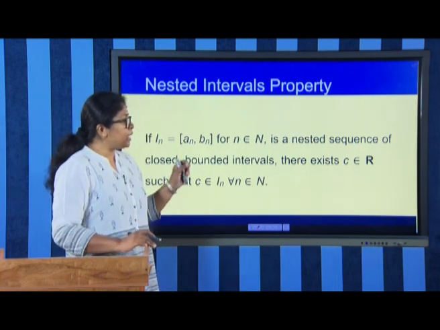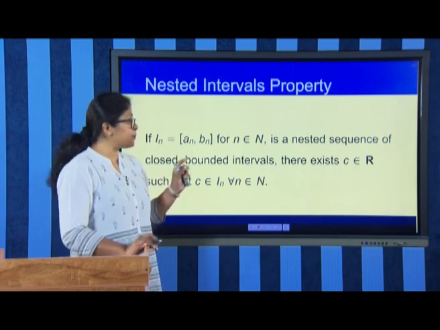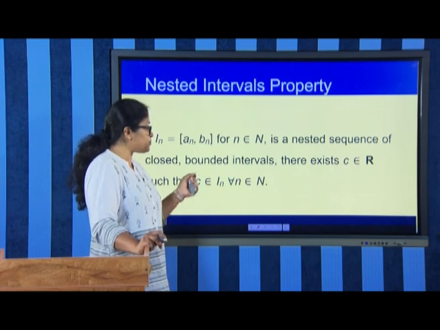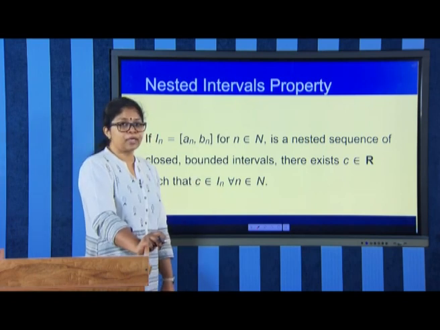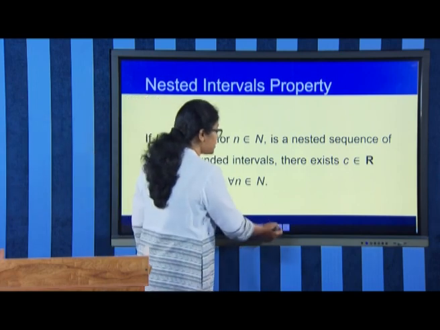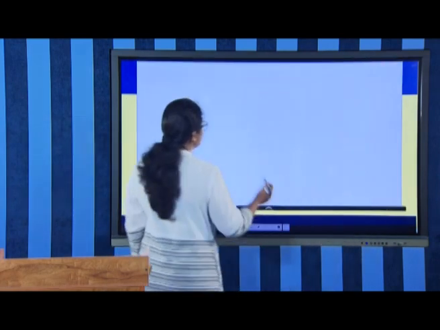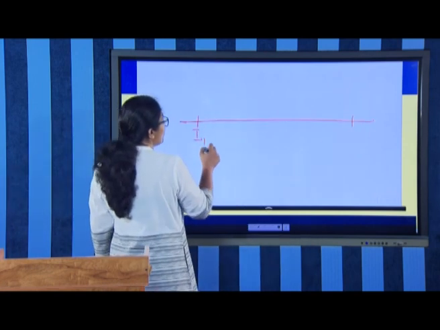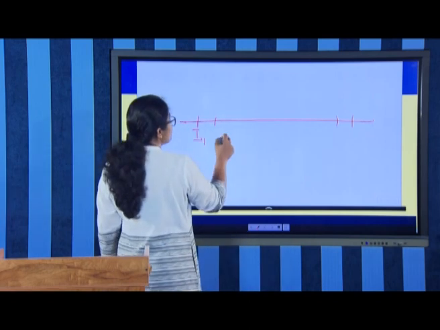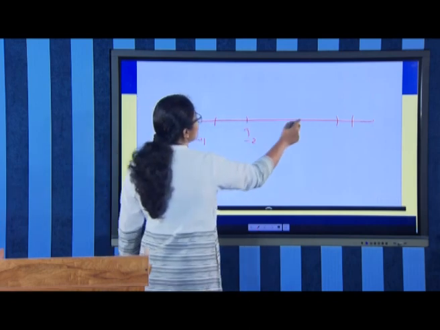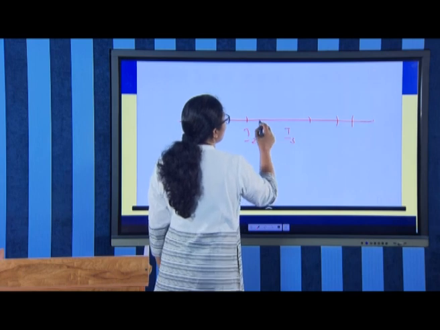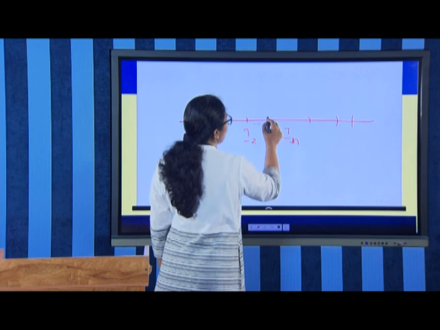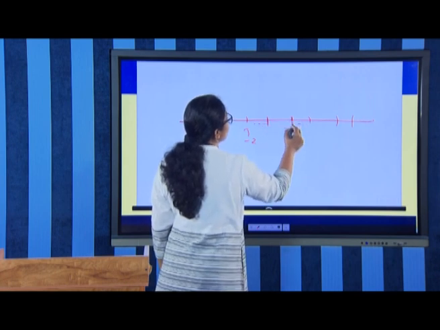And does it ensure that there is only a single point C belonging to R which is belonging to all the In's? That need not be the case, because if we consider nested intervals like this, I1 is this one, I2 is inside, I3 is inside, and so on. We keep on going like this. We can see that the left side may end at this point and the right side may end at this point.